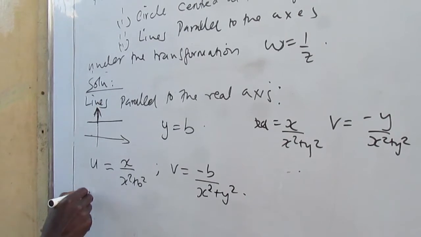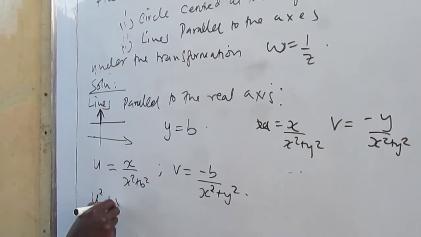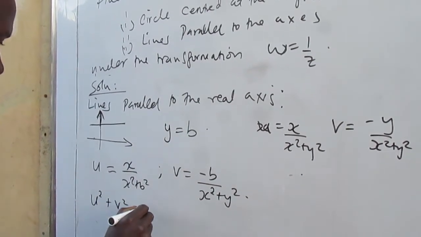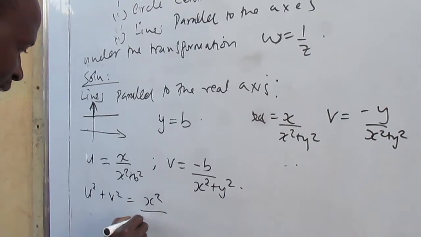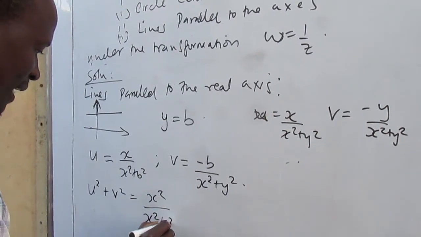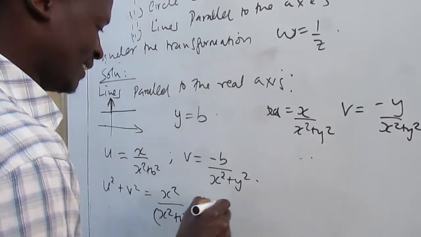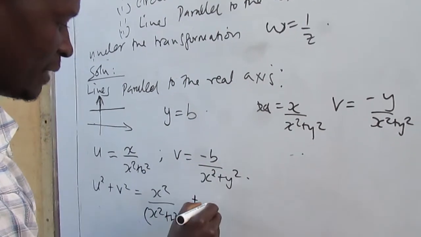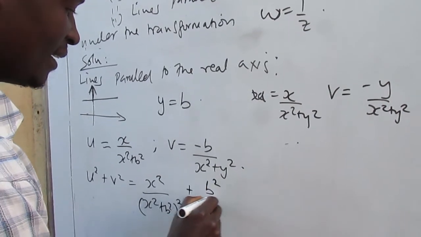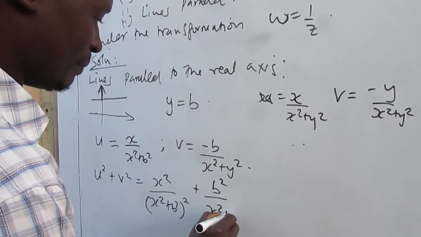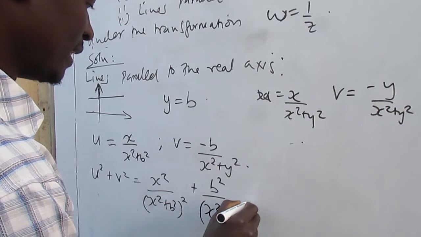And so if we take u squared plus v squared, what we'll get is x squared over x squared plus b squared, the whole quantity squared, plus b squared over x squared plus b squared, and the whole quantity squared.